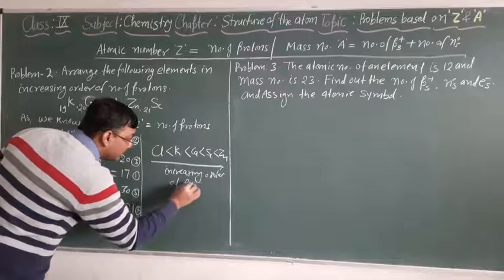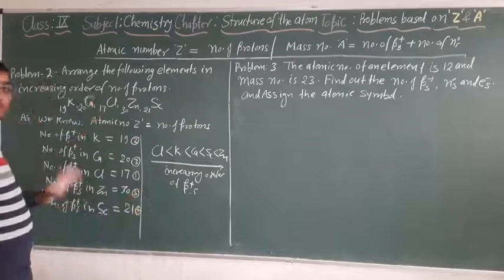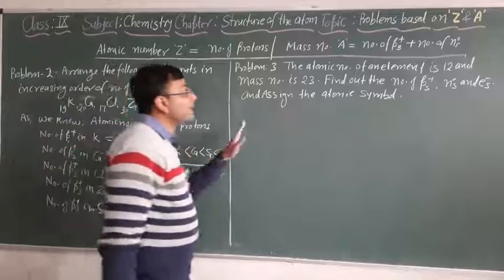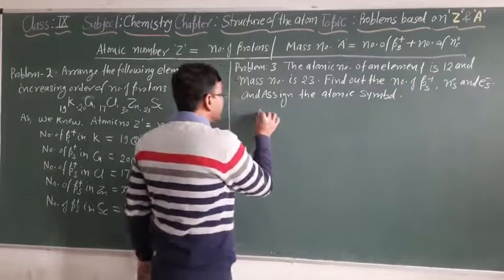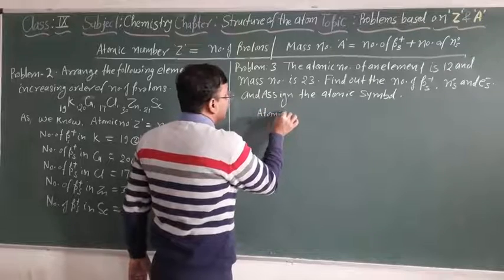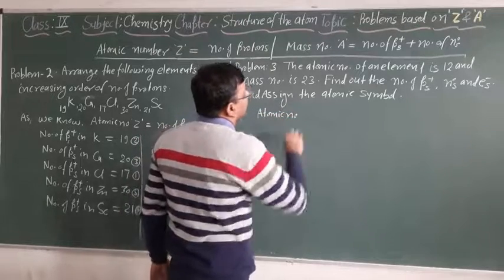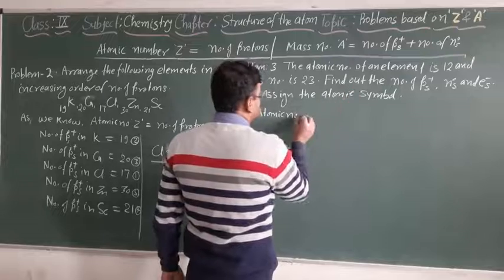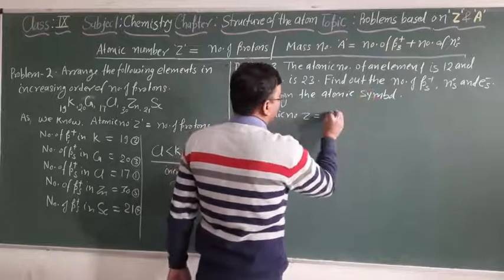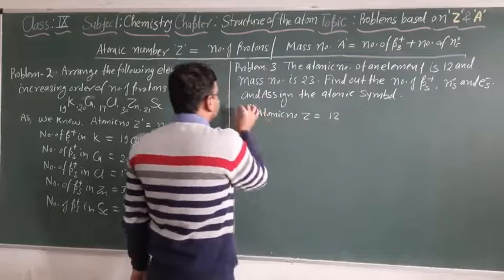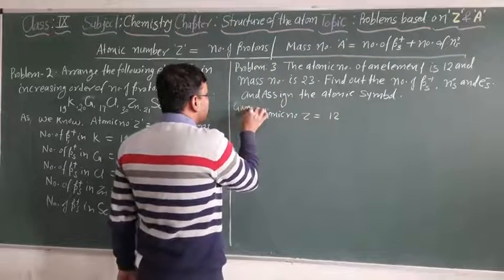Now problem 3: the atomic number of an element is 12. So the given information: atomic number of an element, atomic number Z is equal to 12. This is the given information.